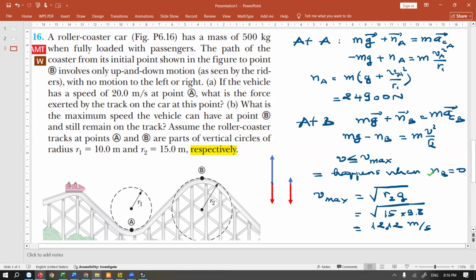Okay. But do you see something familiar here? Did we have that value or formula before? A familiar one?